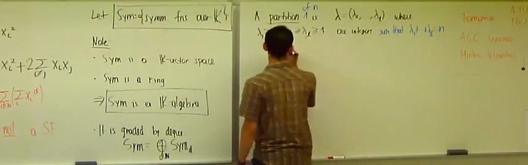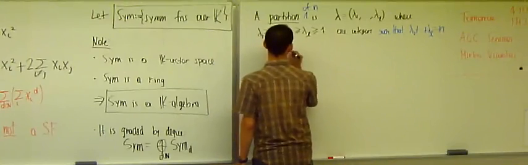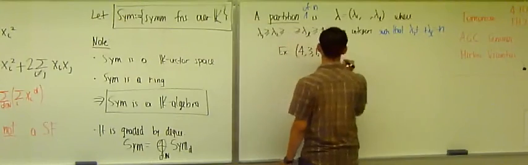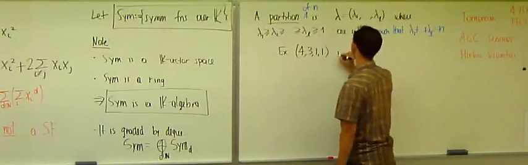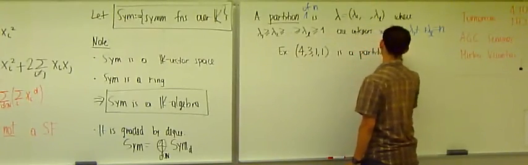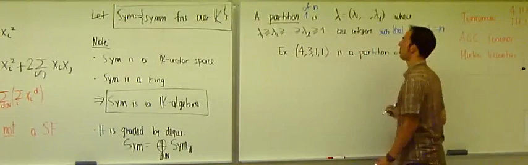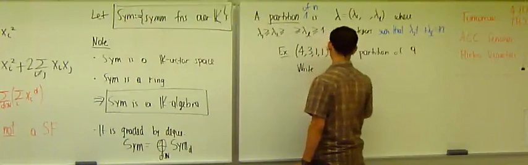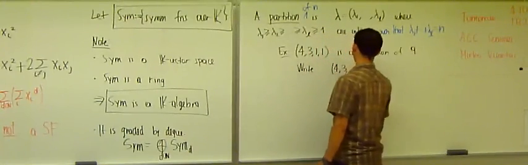But yeah, so for example, 4, 3, 1, 1 is a partition of the number 9. And I should say that we write 4, 3, 1, 1.